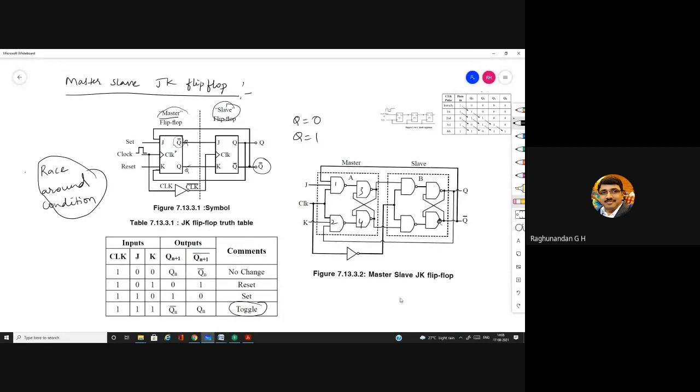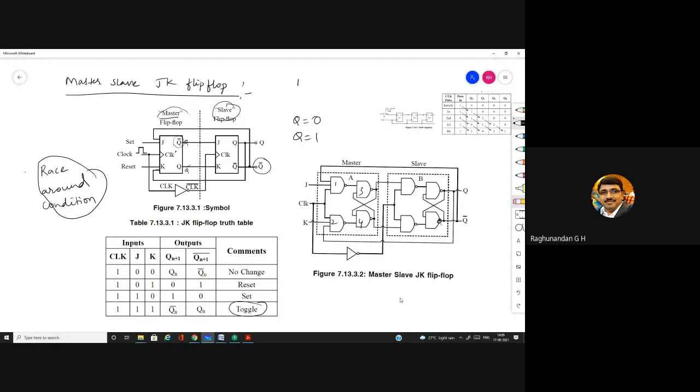To control this race around condition, the continuous flickering of this JK flip flop was controlled by master slave JK flip flop combination. So when you are going to connect in this combination, it is going to toggle only when input is given.